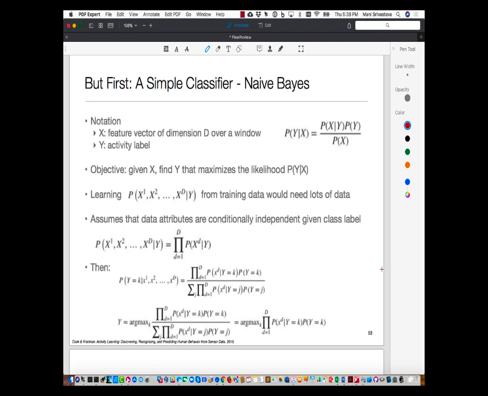Which of these features do you think are independent, conditionally satisfying the naive Bayes assumption? Again, I'm trying to predict energy consumption in the house. My features are temperature, calendar month, and the occupancy in the house, the number of people in the house.